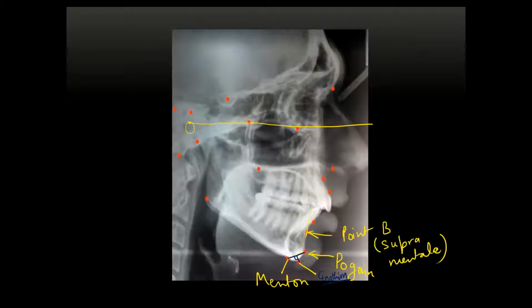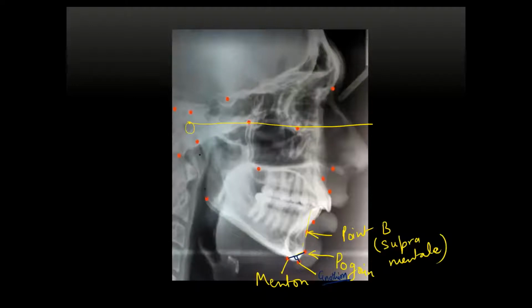Where did we read gnathion? We have read it earlier somewhere. Anyone remember? Facial index. Yes, you need to remember that. Now what is this point? This point is gonion.